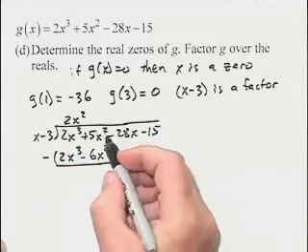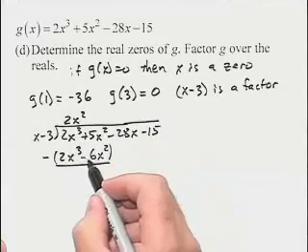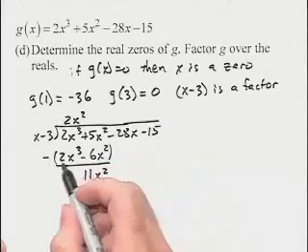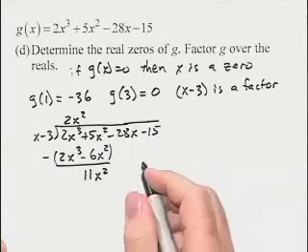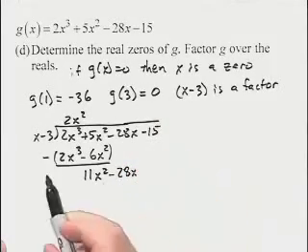We subtract that. 2x cubed minus 2x cubed is 0. 5x squared minus a negative 6x squared gives us 11x squared. Since the minus the negative makes it plus, we'll drop down our minus 28x.